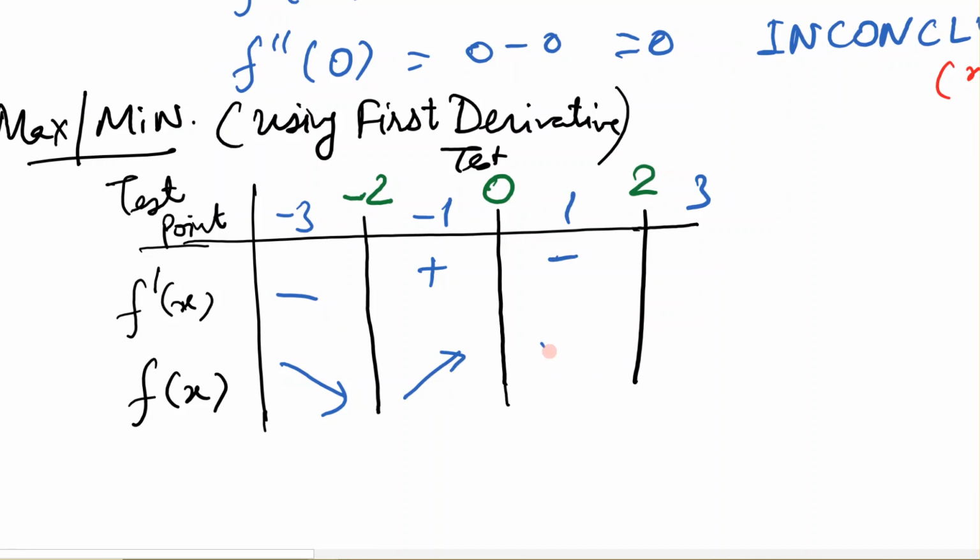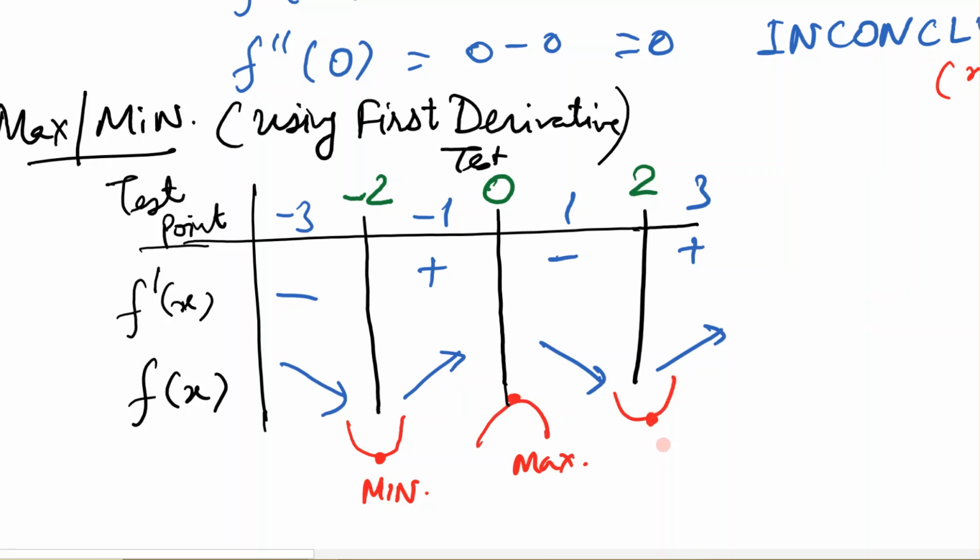Again, negative means decreasing and positive means increasing. So decreasing then increasing would be a point of min, then increasing then decreasing would be a point of max, and then again this would be a point of min. So based on our first derivative test, we figured out that 0 is a point of maxima and the other two critical values are points of minima. So that's our first derivative test.